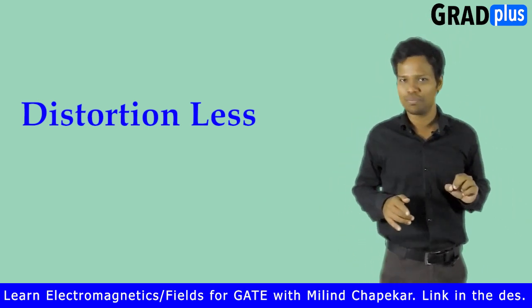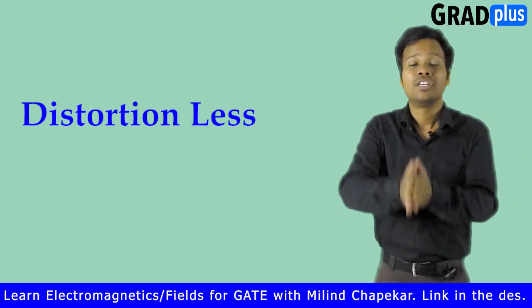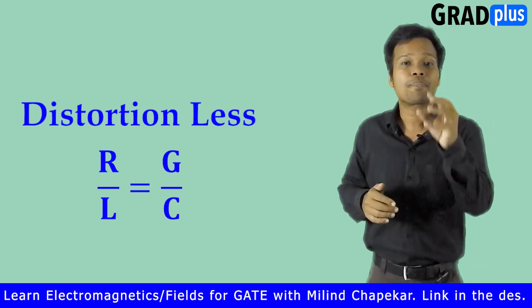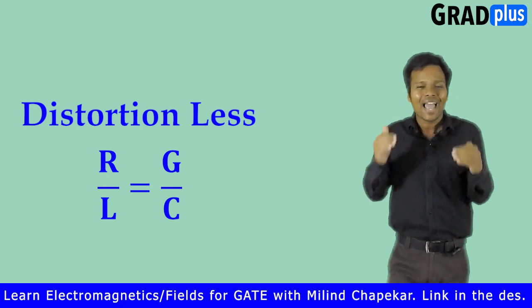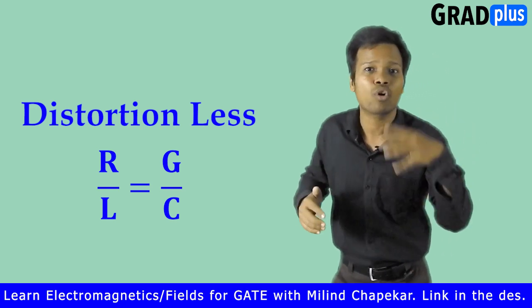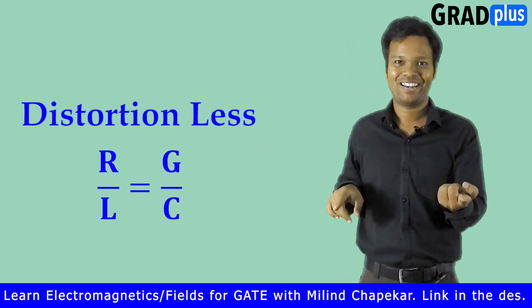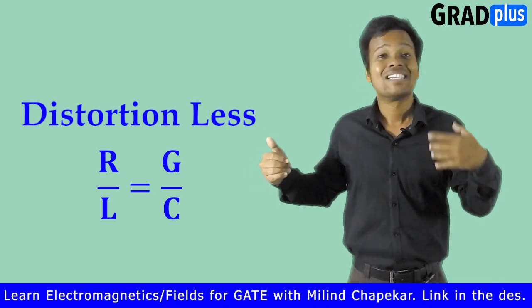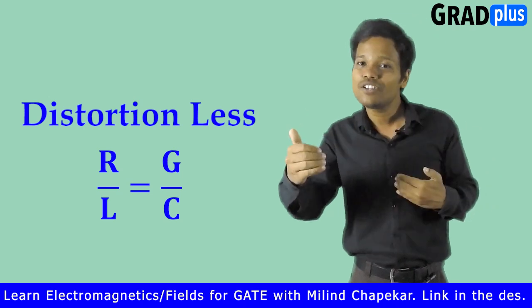The distortionless transmission line is constructed by taking the ratio R by L equal to G by C. Its primary constants are so adjusted, that is R by L equal to G by C. What is R? Resistance per unit length of the transmission line. What is L? Inductance per unit length. G, conductance per unit length. C, capacitance per unit length.